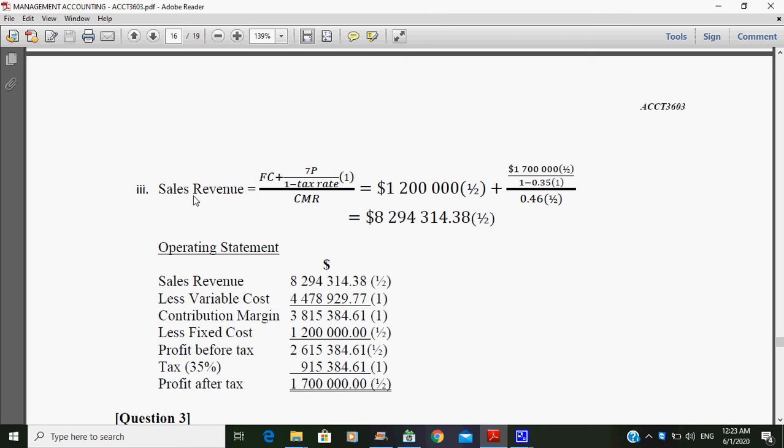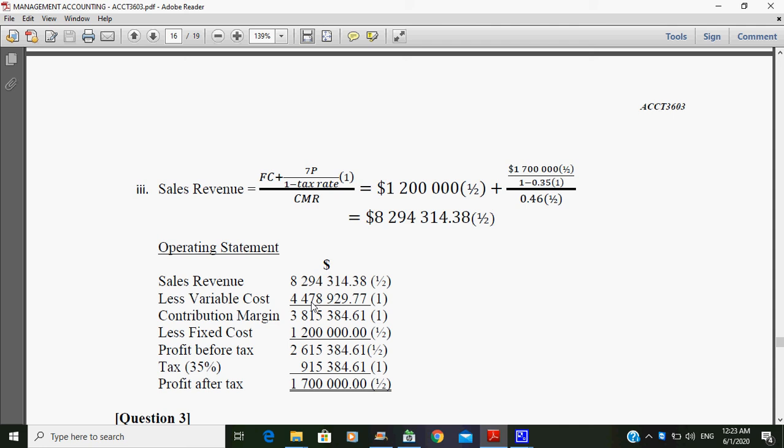Then now you are going to do your operating statement. Now remember that in the question so far we have seen that 54% of sales revenue is variable cost. So you're going to multiply this figure now by 54%.